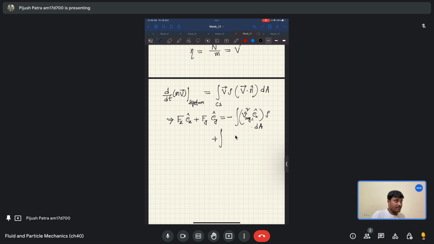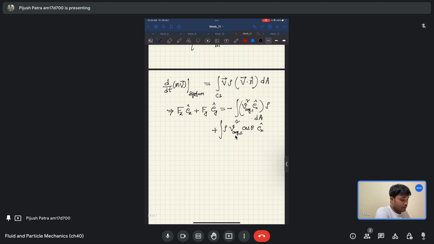It is vx cos theta and vy sin theta, where theta equals 30 degrees. So it will be rho v average at section 2 square, into cos theta ex cap, plus, this is integration over area, rho.